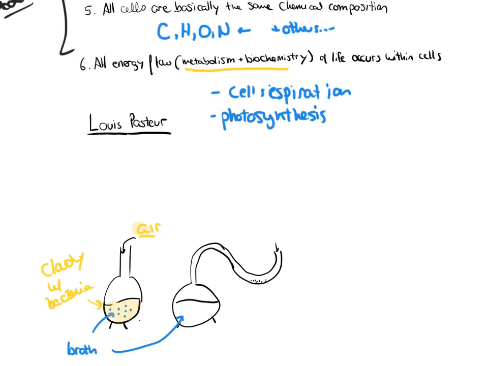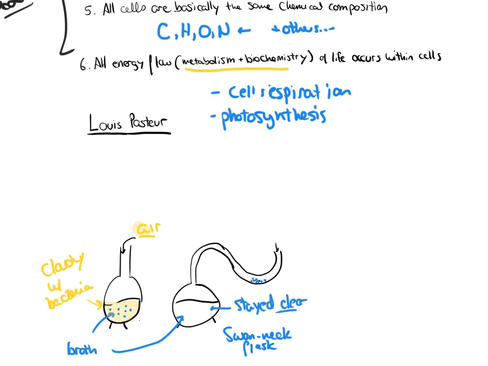Louis Pasteur didn't believe this for a moment, so he built what we call a swan neck flask. This was his experiment. He had the broth, and comparing both of these situations, this one stayed clear.